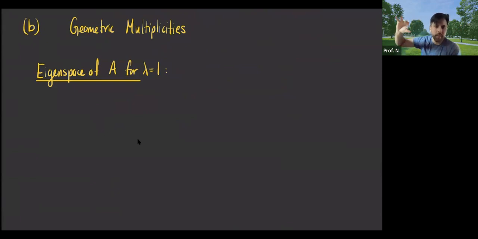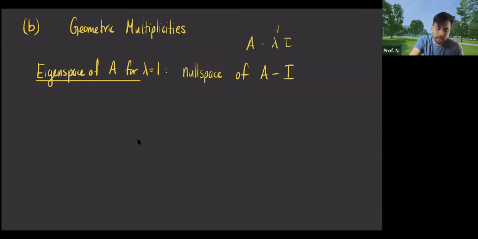The general idea is A minus lambda identity. Yes, but again, it's the null space. It's the null space of A minus I, because lambda is 1. So it's A minus lambda I, but lambda here is equal to 1, so it's just A minus I. To find the null space of A minus I, I have to find the row reduced echelon form of A minus I. So that's where the row reduced echelon form comes into play.